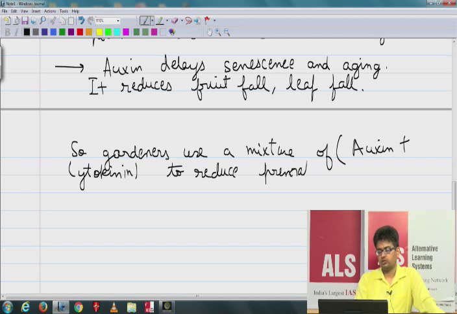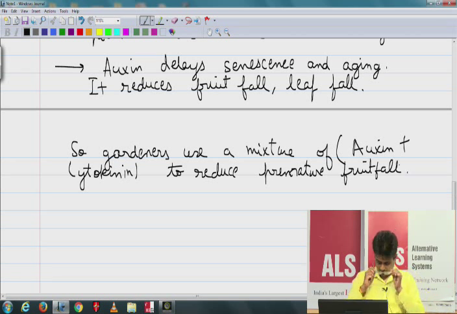Okay, so you can use it if you have a fruit orchard nearby, or if you have fruit trees in your home, you can spray a mixture of auxin and cytokinin. It is available in the market and you can try it. You will be very happy with the results in reducing premature fruit fall.